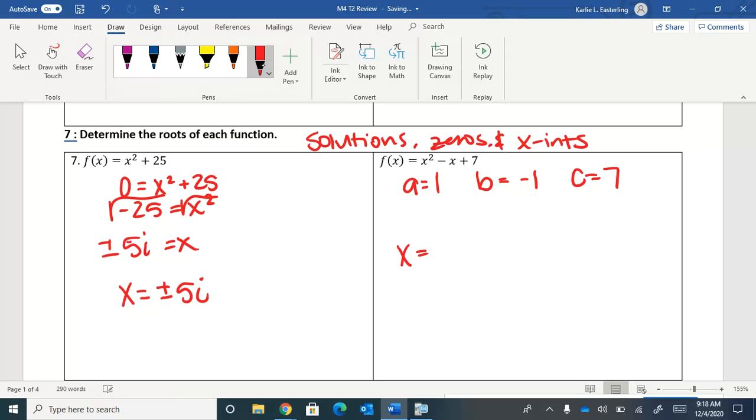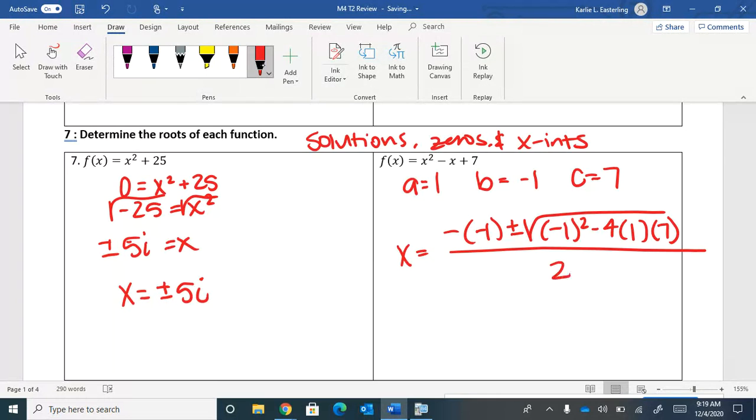So you get x equals negative b plus or minus the square root of b squared minus 4ac divided by 2a. So then hopefully you got 1 plus or minus the square root of negative 27 divided by 2.